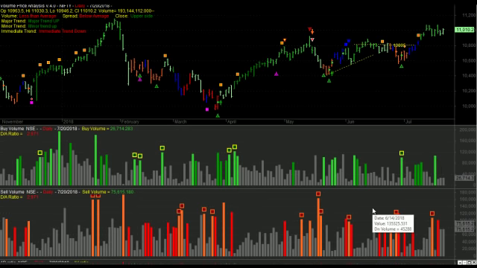In the same manner, if the sell volume is 3 times the buy volume, then the bars are colored red, and if the sell volume is more than 5 times the buy volume, then the bars are colored orange, and if the sell volume is more than 5 times the buy volume and the declines are 3 times the advances, then you will have the square on top.